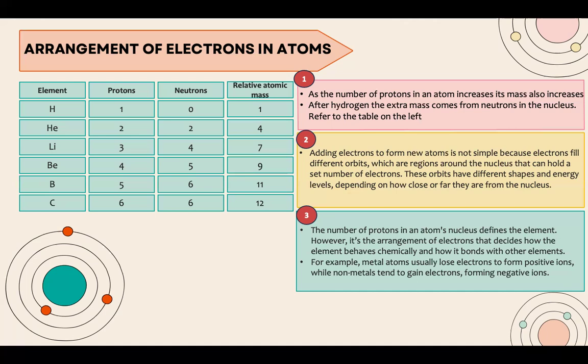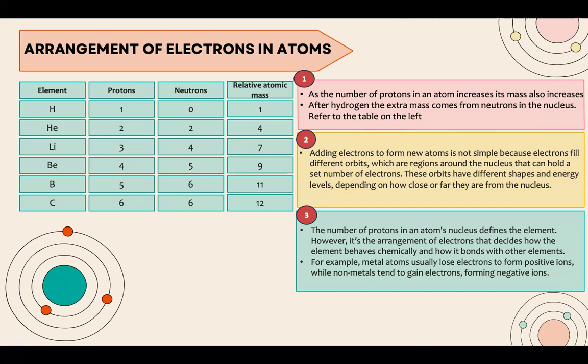Adding electrons to form a new atom is not simple because electrons fill different orbits, which are regions around the nucleus that can hold a set number of electrons. These orbits have different shapes and energy levels depending on how close or far they are from the nucleus. The number of protons in an atom's nucleus defines the element.